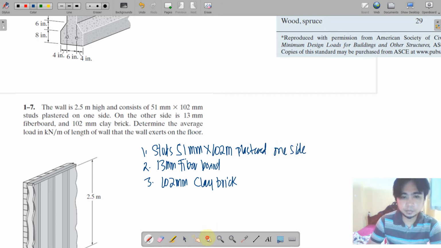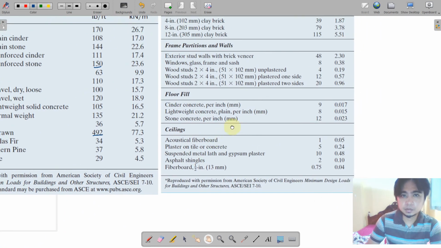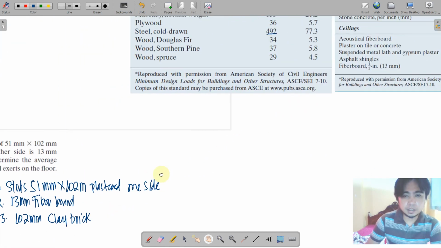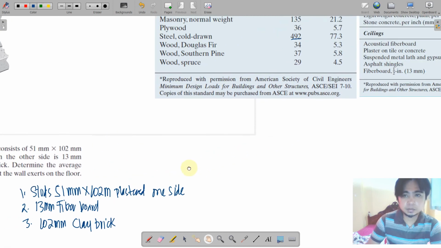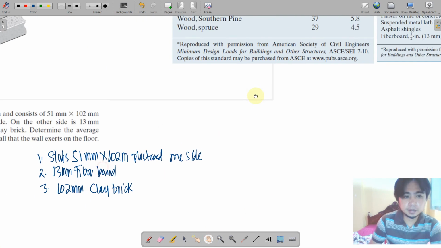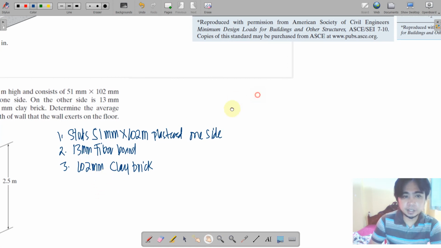We are in SI units, so we're going to pick plastered one side, 0.57, and then 102 clay brick and 13 mm fiberboard.